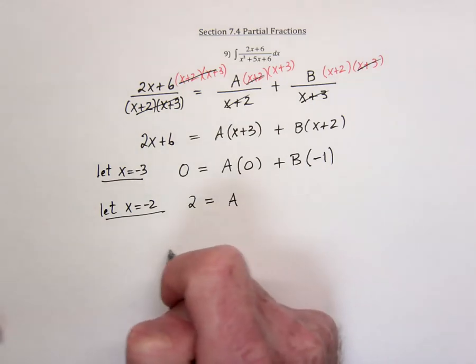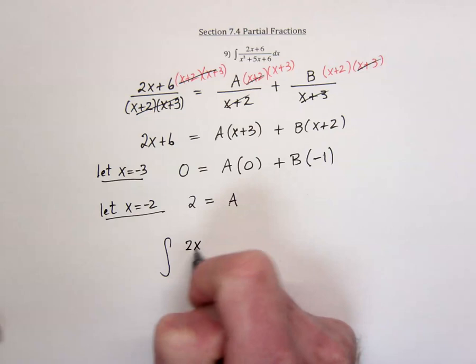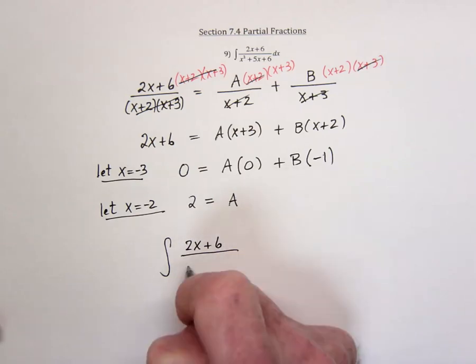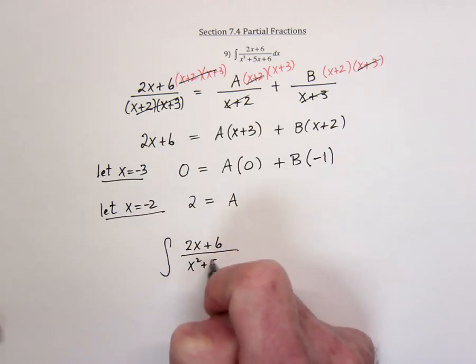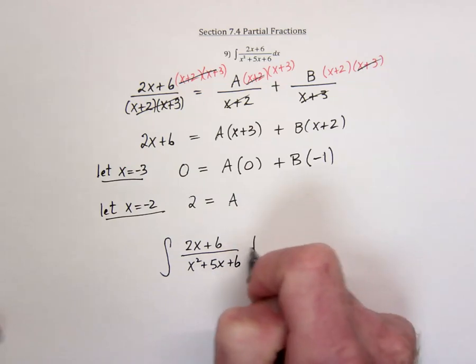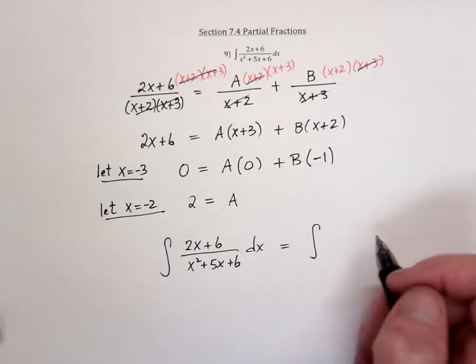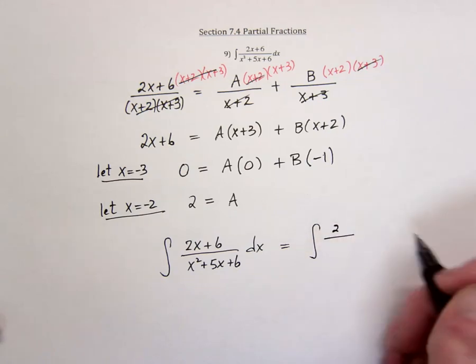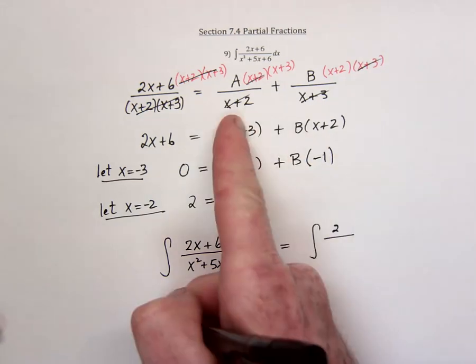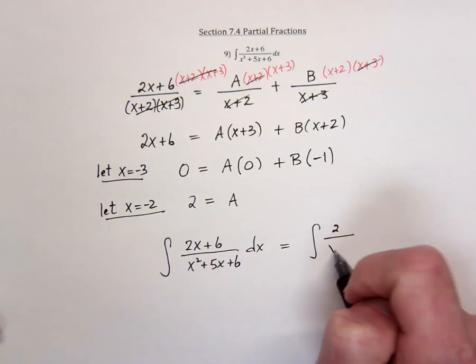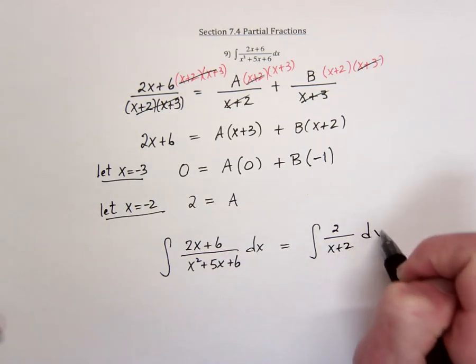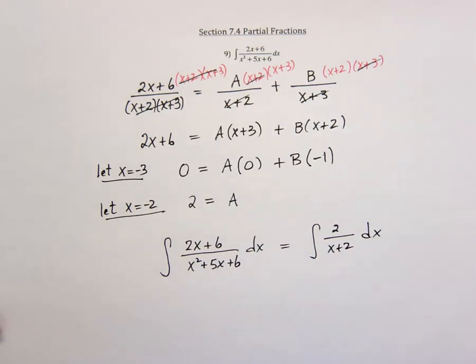So that means that the original problem, 2x plus 6 over x squared plus 5x plus 6, can actually be replaced with just a, which is 2, over x plus 2. Well, that makes it a lot simpler.